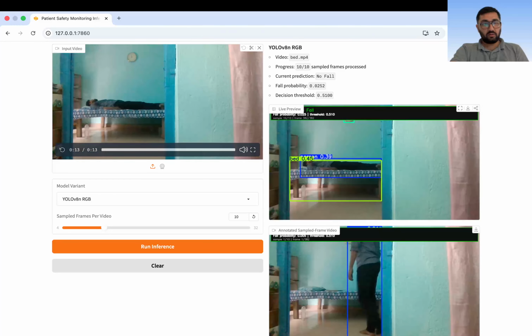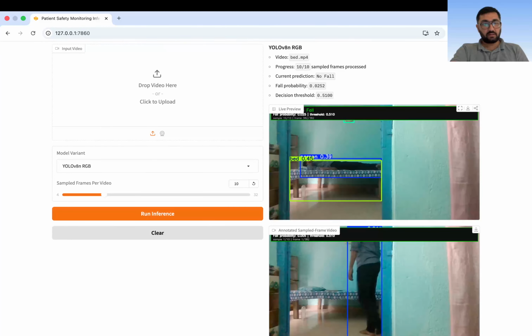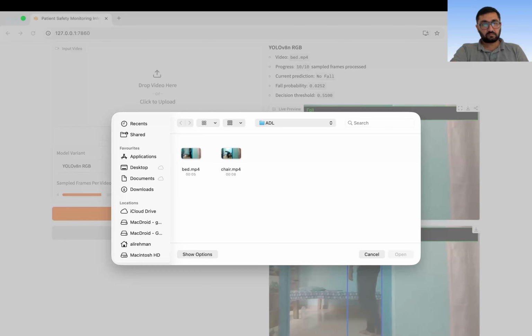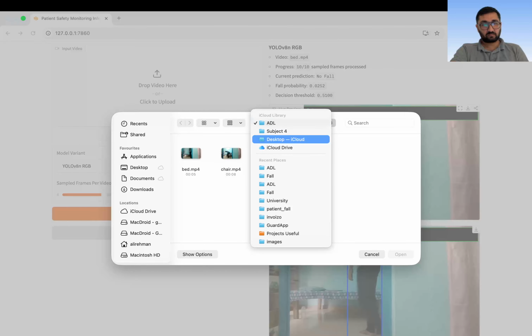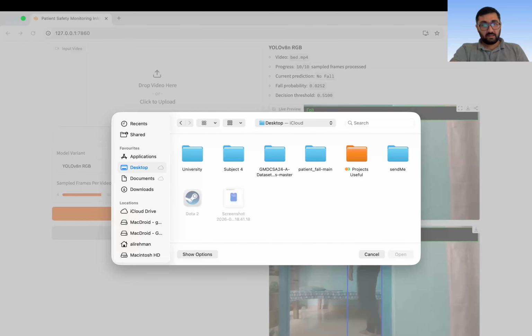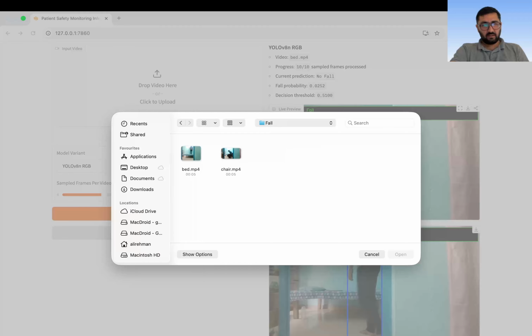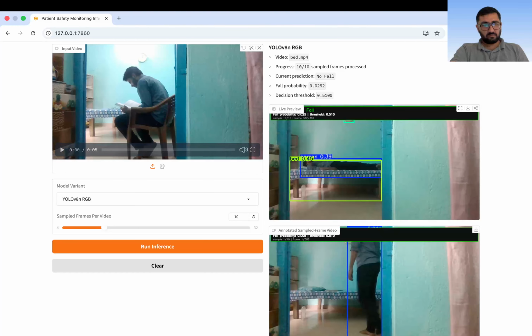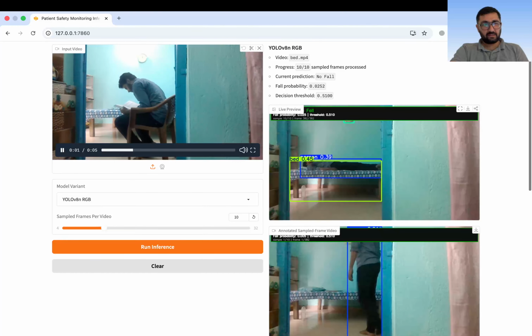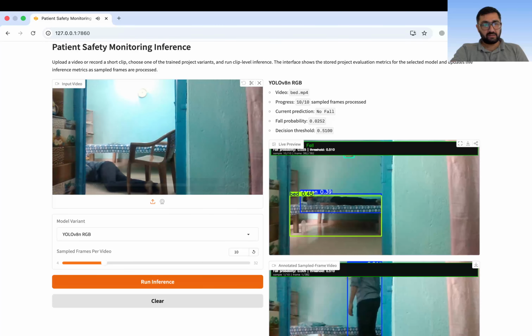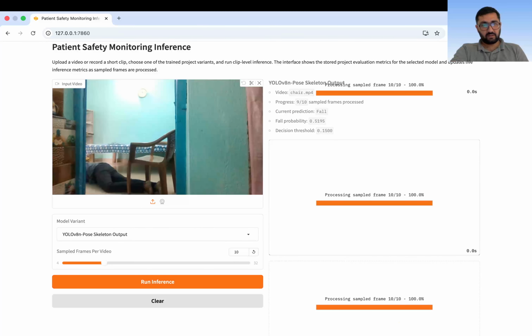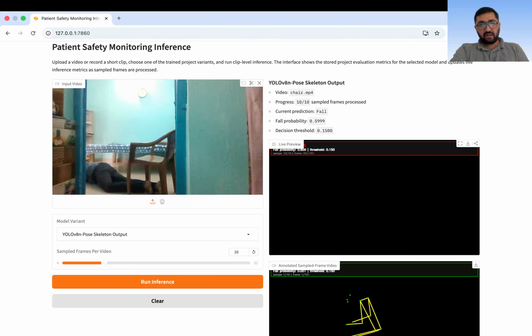Now let us upload a video in which there is a fall. Now see, a person is sitting in the chair and he suddenly falls. Now if I switch my output to this and run it, you can see it detected the fall.